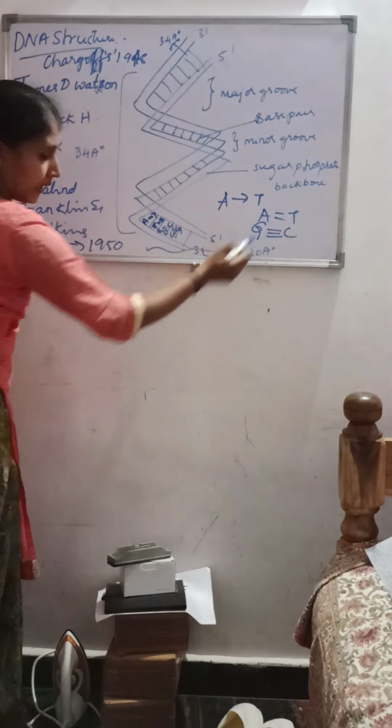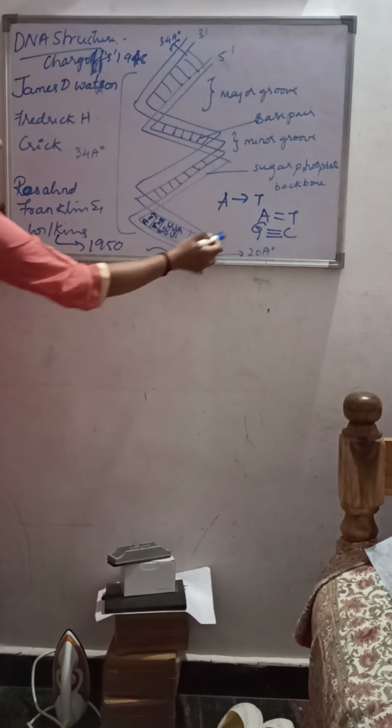So according to Chargaff's rules, adenine pairs with thymine with 2 hydrogen bonds, A double bond T, and guanine base pairs to cytosine with 3 hydrogen bonds, G triple bond C, right?